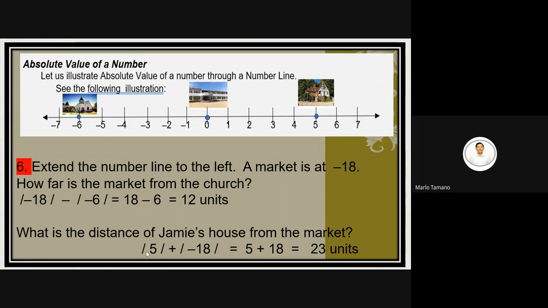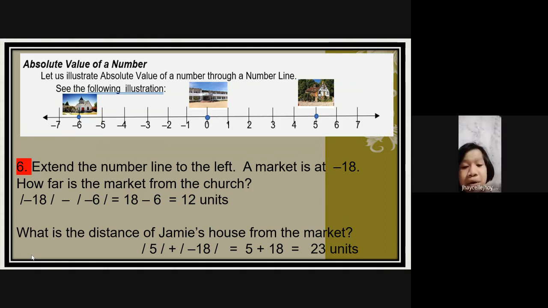How far is the market from the church? We have the absolute value of negative 18 minus the absolute value of negative 6. This is the church. The absolute value of negative 18 is 18, minus the absolute value of negative 6, which is 6. Therefore, 18 minus 6 is 12 units. Okay?